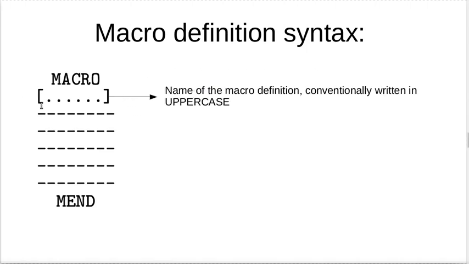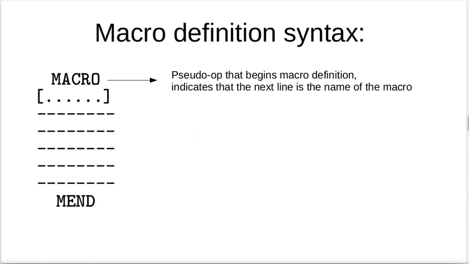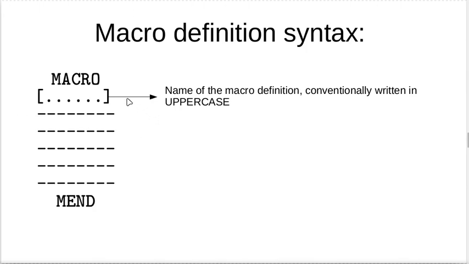In the next line, where we have written dots, the dots will be replaced by the name of the macro definition, and this name is again written in all uppercase, right? Conventionally written in uppercase. In our previous example, where we were naming the macro, we used all uppercase, INCR. So in the syntax, we can also say that the macro name is given using all uppercase.